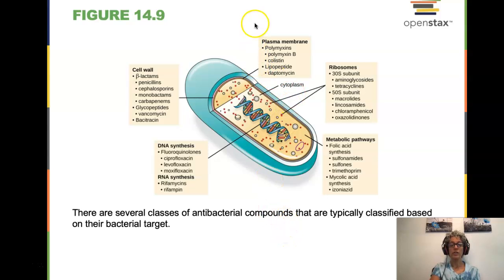These targets are such that they are different from that chemical or structure in the host, and we're being very egocentric here. We are the host, right? If we were in a veterinary class, there'd be different hosts. But we're going to be talking about the host is humans. The pathogen for this part is bacteria.